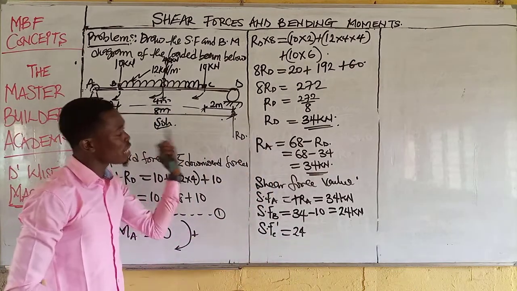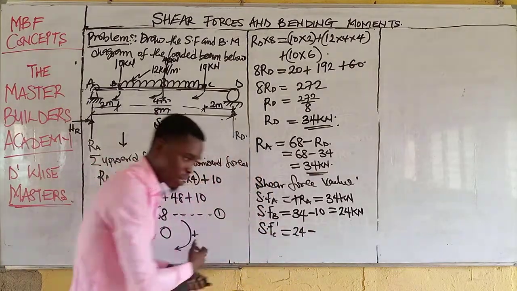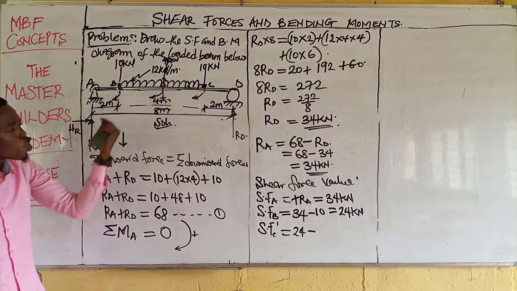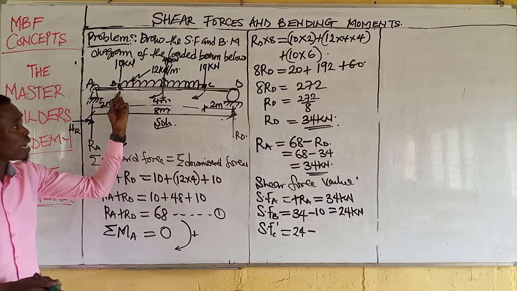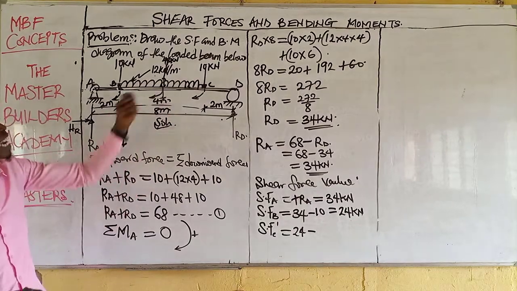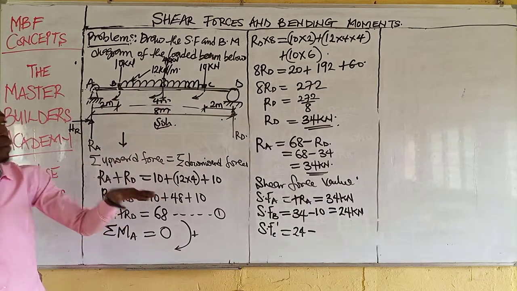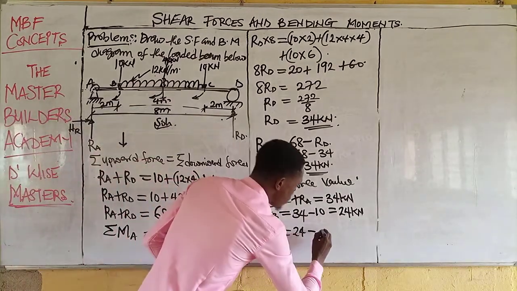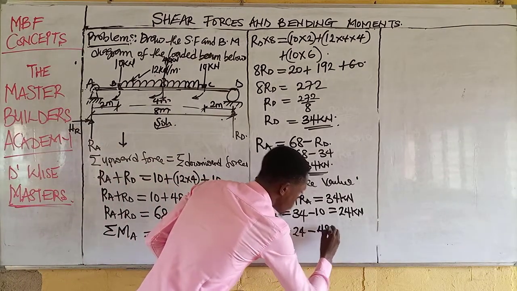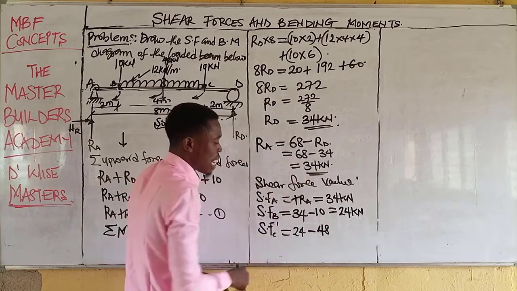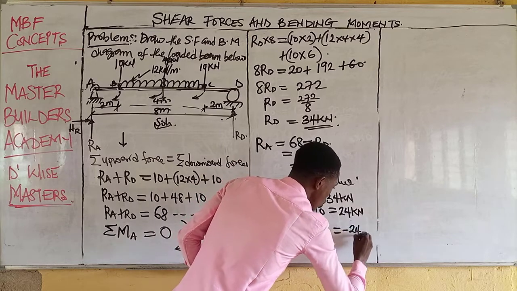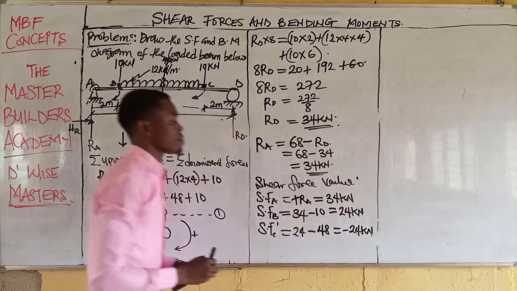Every other load that you have there must be taken away from the current load. Now, the load in between BC is 12 UDL, and what is the span it covers? 4. So I will multiply 12 by 4, and 12 multiplied by 4 will give us 48. When I remove 48 from this, what do we have? We will equally have negative 24 kilonewton.